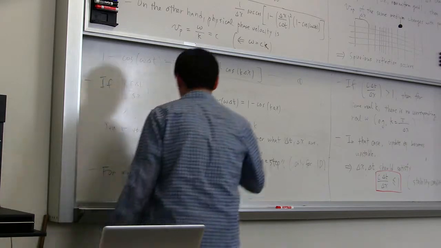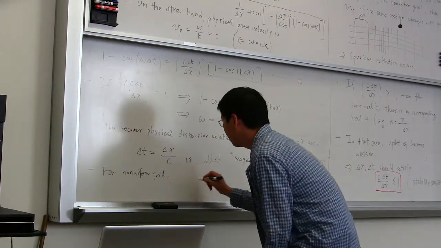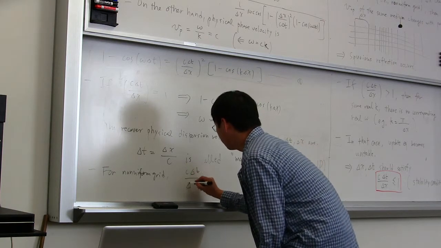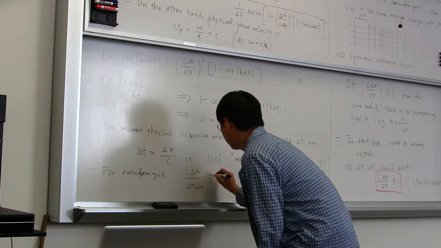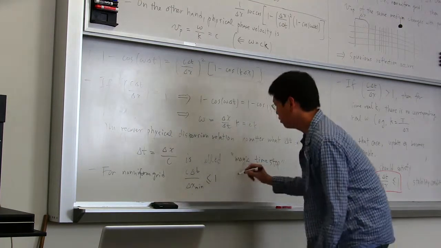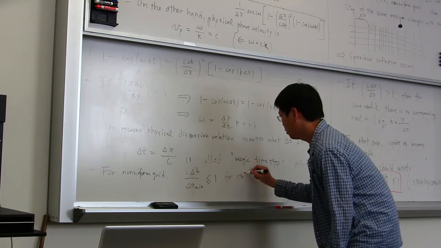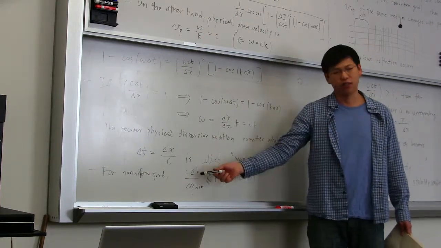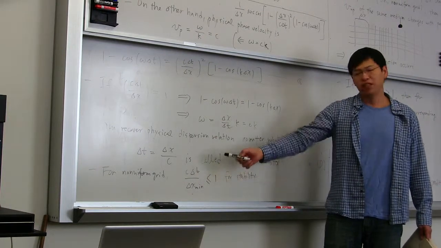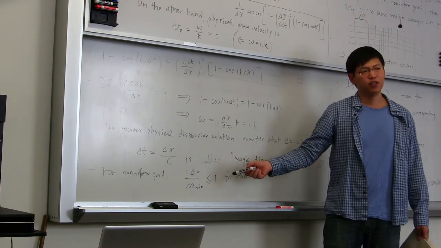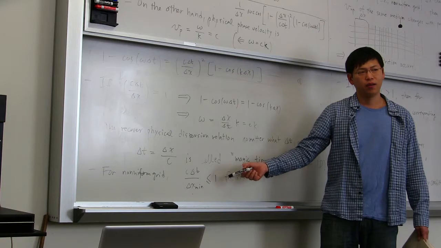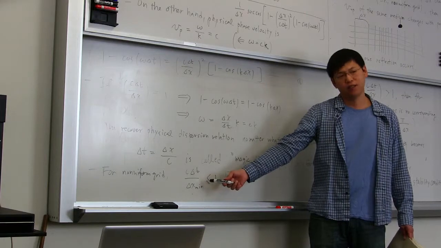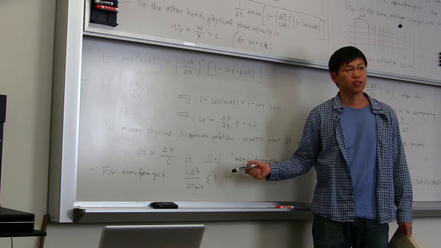Actually, that is a very good question. You choose so you have to satisfy this relationship. So c delta t over minimum delta x should be less than 1, because then for the maximum delta x, you still satisfy this delta t condition.